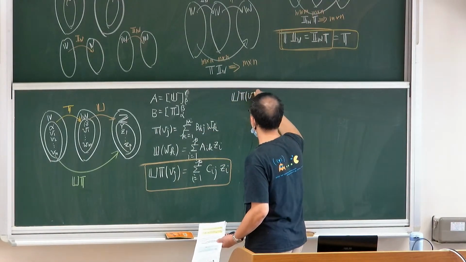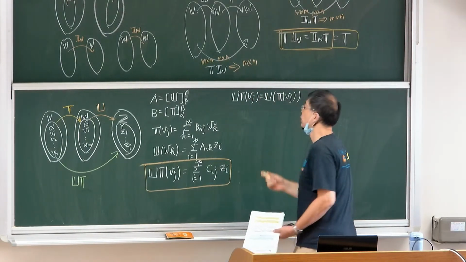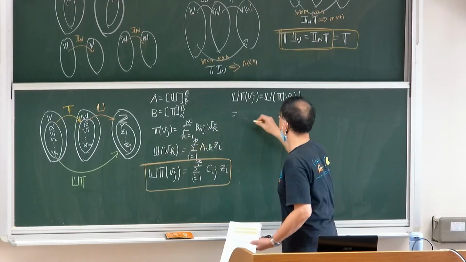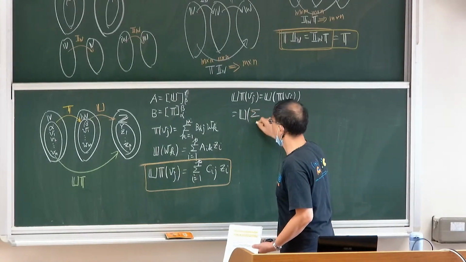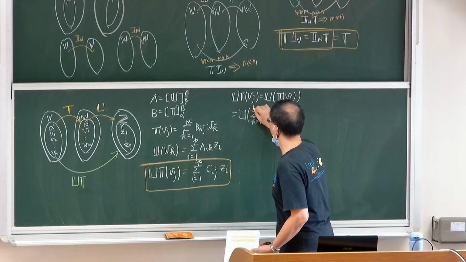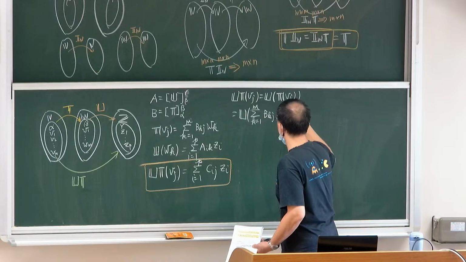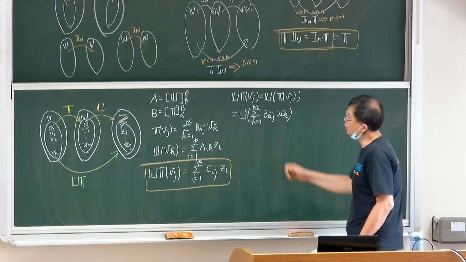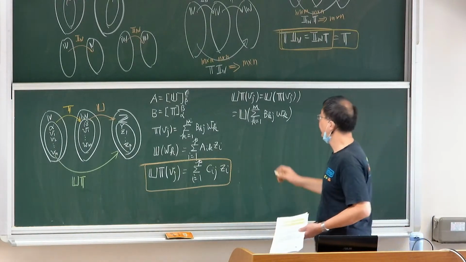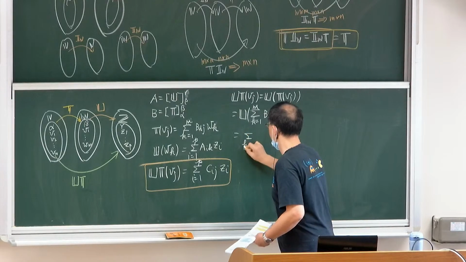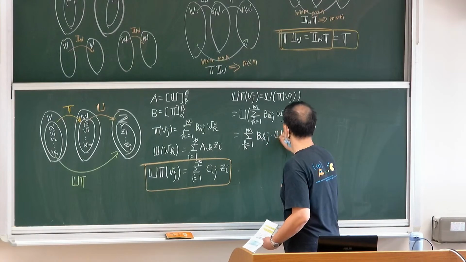UT Vj will be equal to U operates on T sub Vj. And the T sub Vj is here. So I have U times T sub Vj, which becomes summation K equals 1 to M, Bkj times Wk. Because U is a linear transformation, I can write summation K equals 1 to M, Bkj times U Wk.